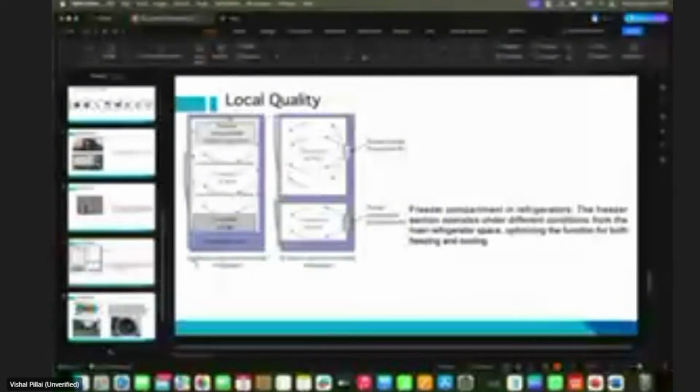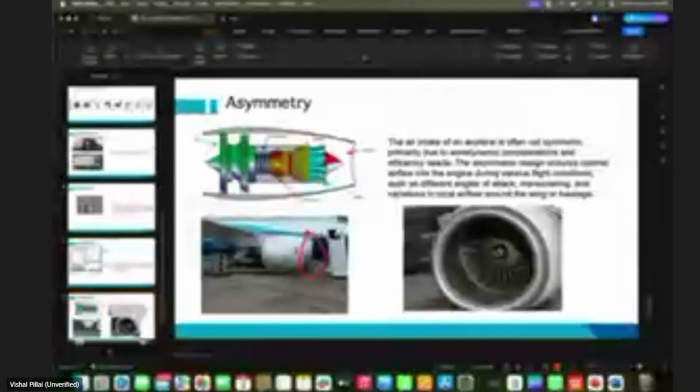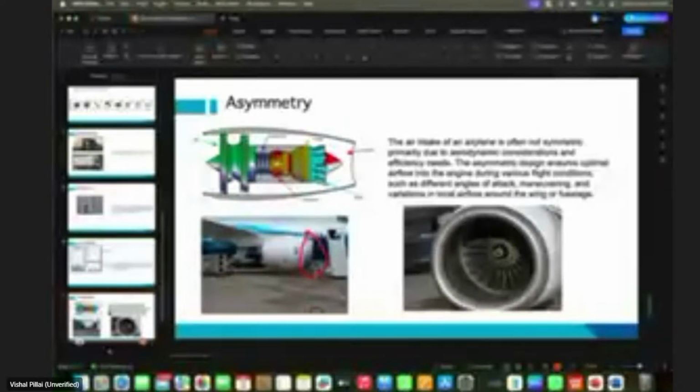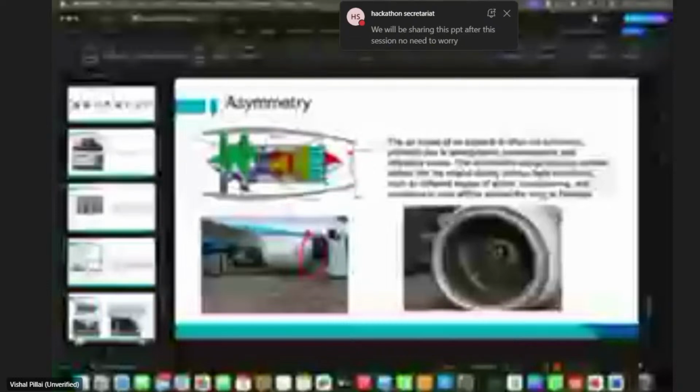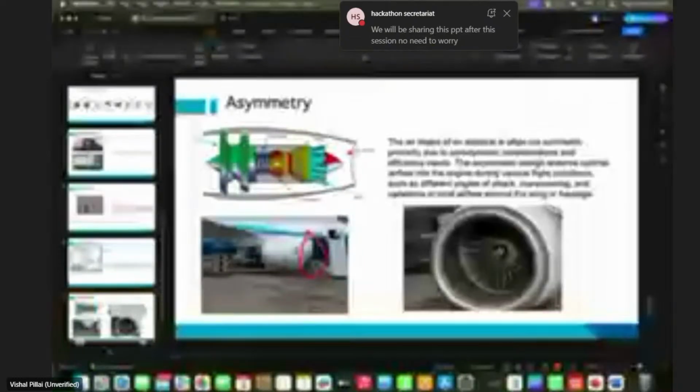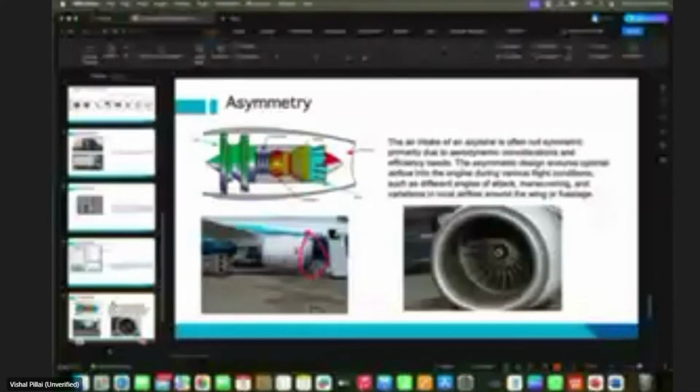Locally, you have a freezer compartment with a lower temperature, and on the top side a compartment with a normal temperature. I will also put some of the important elements on the chat, so that you can go and google it. You will be able to get all these things.